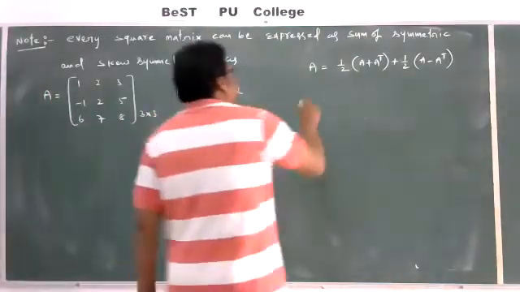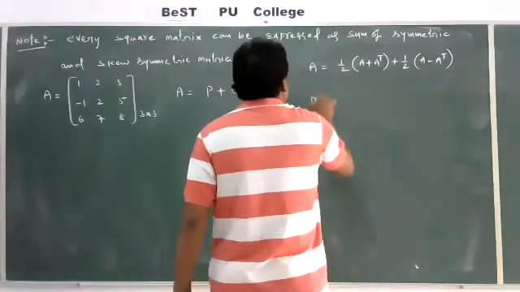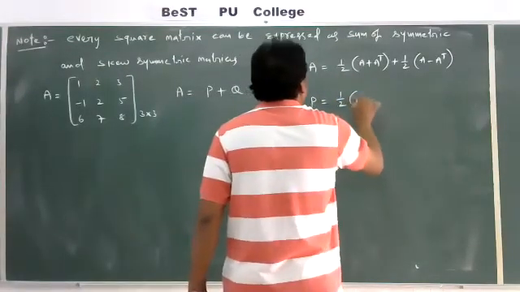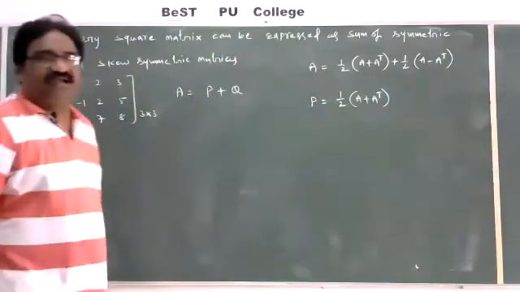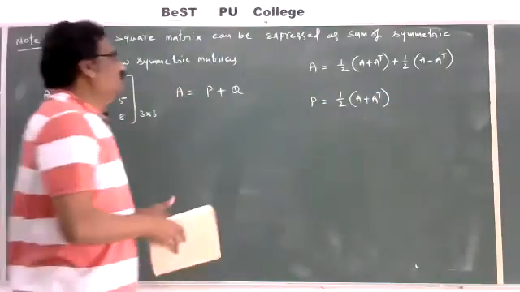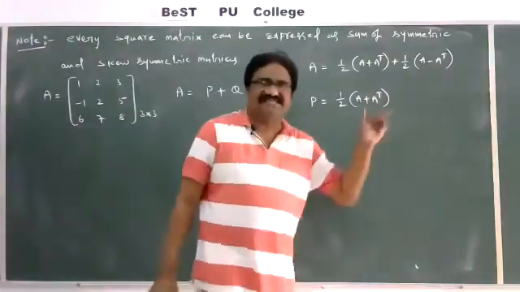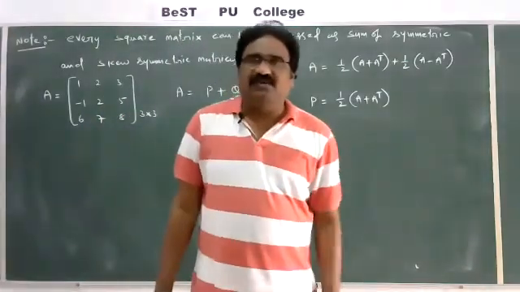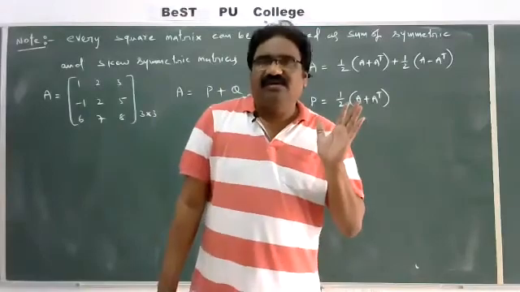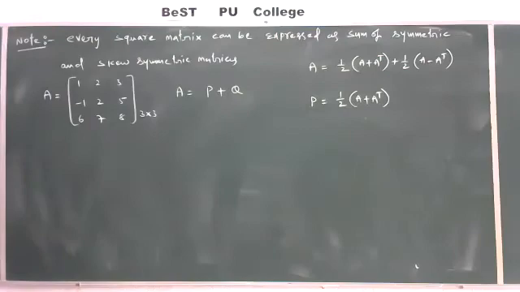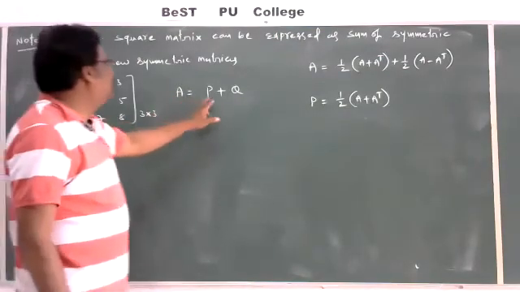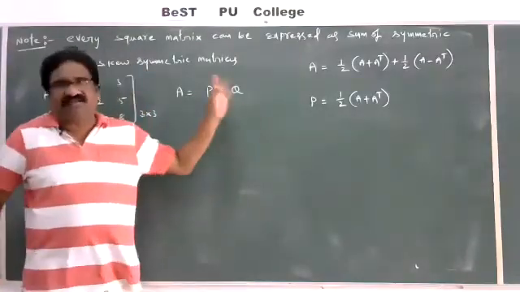So we consider this as P: P is equal to 1 by 2 into (A plus A transpose). We want to prove this P is a symmetric matrix. What I am saying in the note is that every square matrix can be expressed as a sum of symmetric and skew symmetric matrices.